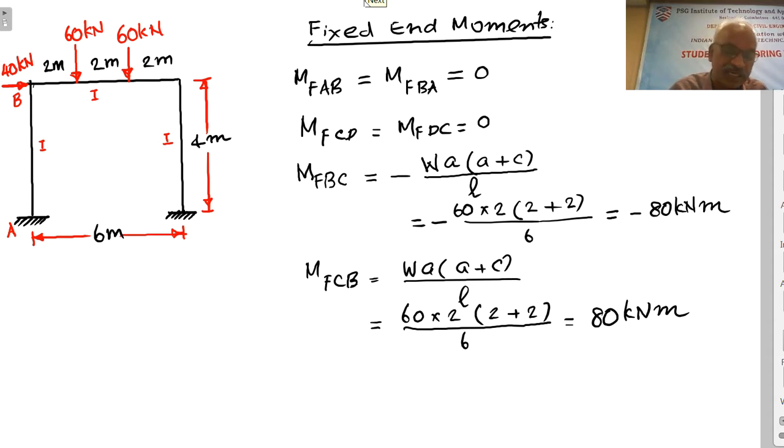The frame ABCD: AB and CD are 4 meters in height, and the span BC is 6 meters.